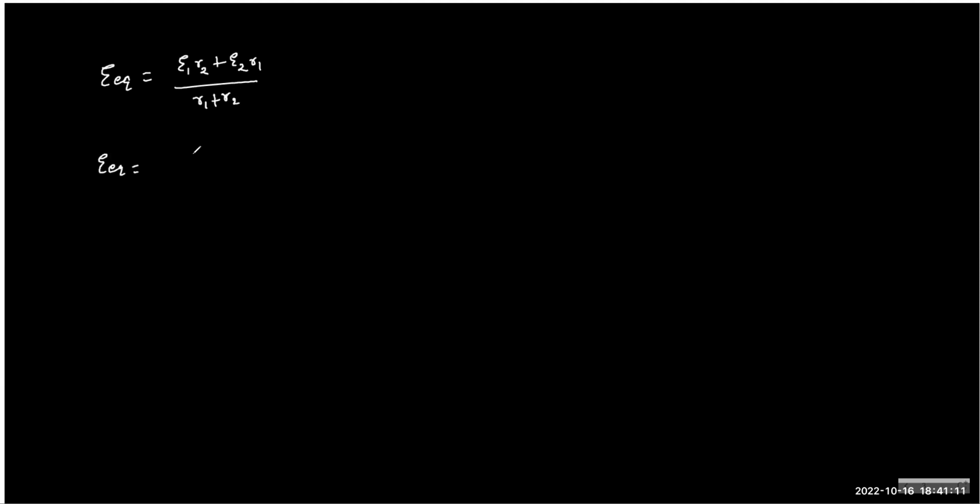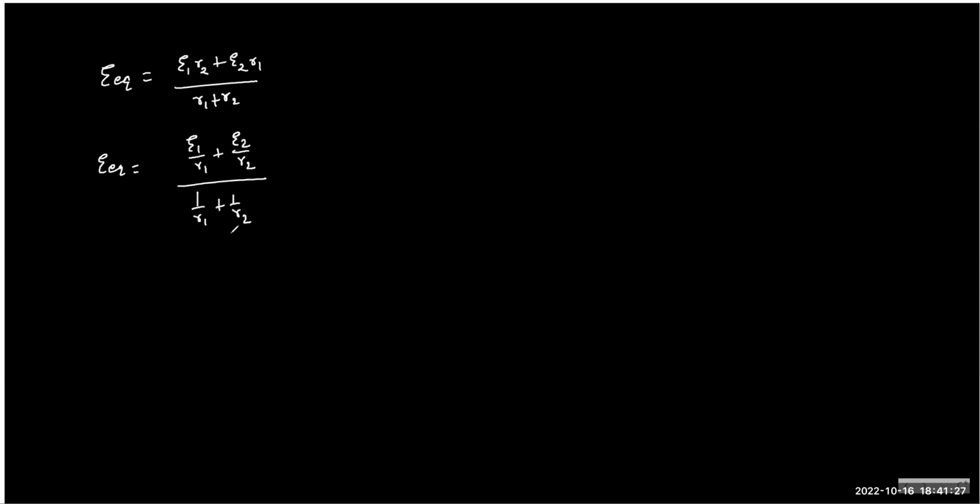The better way of writing it is to divide the numerator and the denominator by R1 R2. It will become E1 by R1 plus E2 by R2, upon 1 by R1 plus 1 by R2.